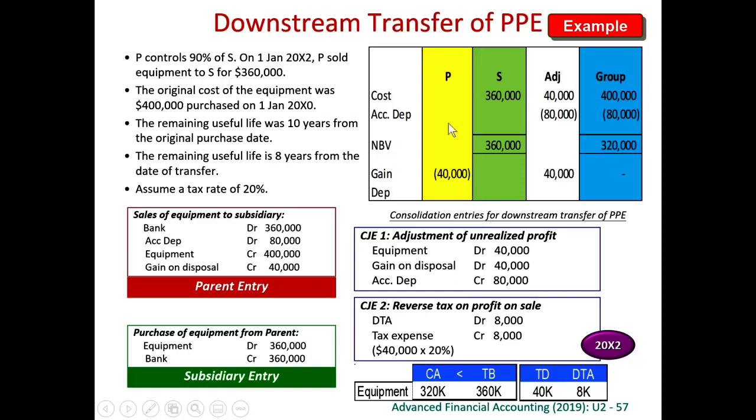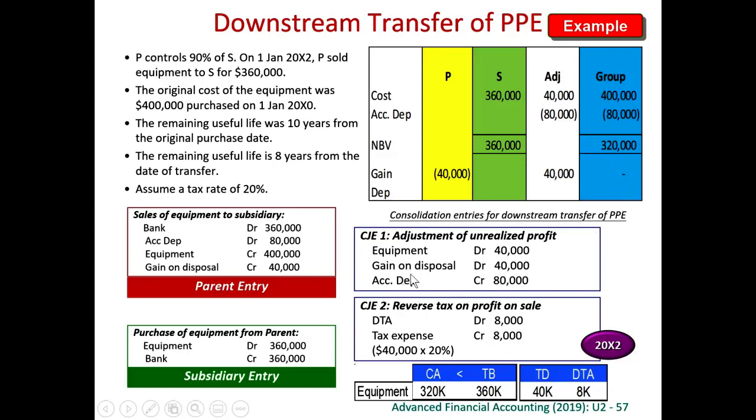After these adjustments, the equipment cost is reinstated to 400,000. Accumulated depreciation is reinstated to 80,000. So the net book value is 320,000, as if there's no intra-group transaction at all. And the gain that the parent has recognized has been eliminated. So therefore, everything has been reinstated as if there's no transaction at all. On consolidation, no intra-group transaction.